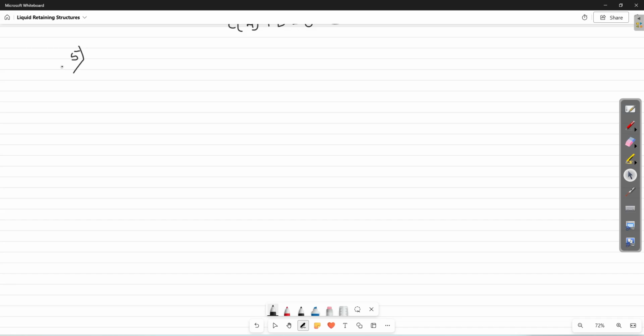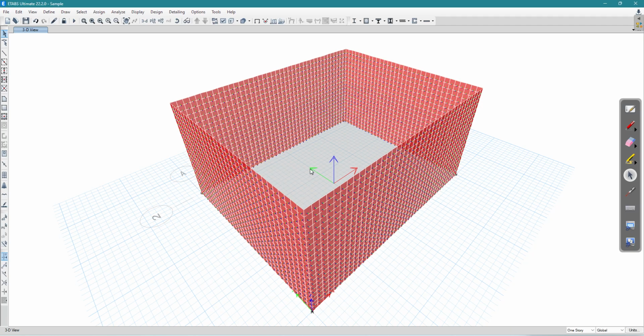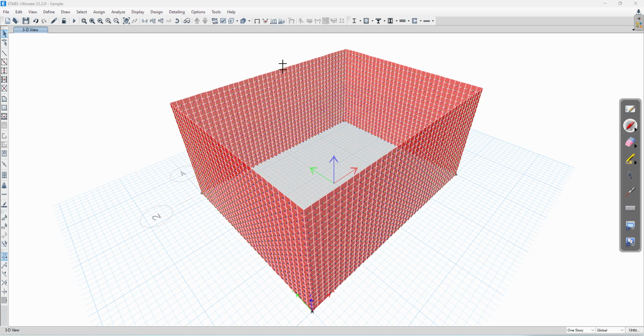fifth one, water pressure on base slab. See here, if you open ETABS, when the tank is filled with water, there will be a pressure on this base slab also.